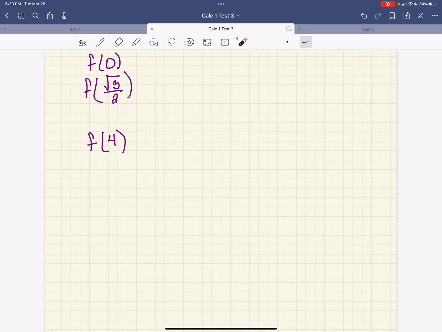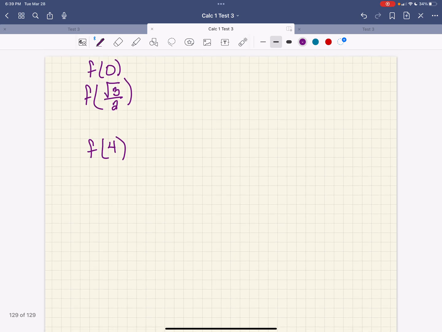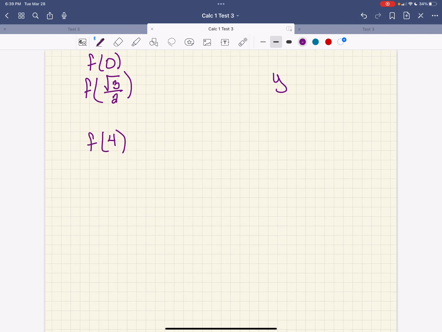And I am going to rewrite our function again, or our y that we started with. I've got the square root of x plus x squared minus 2 on the square root of x.